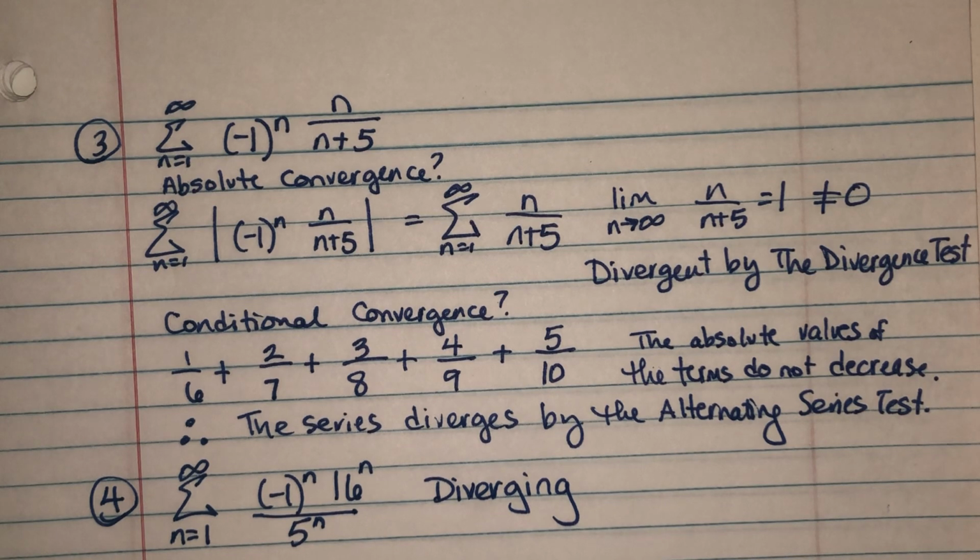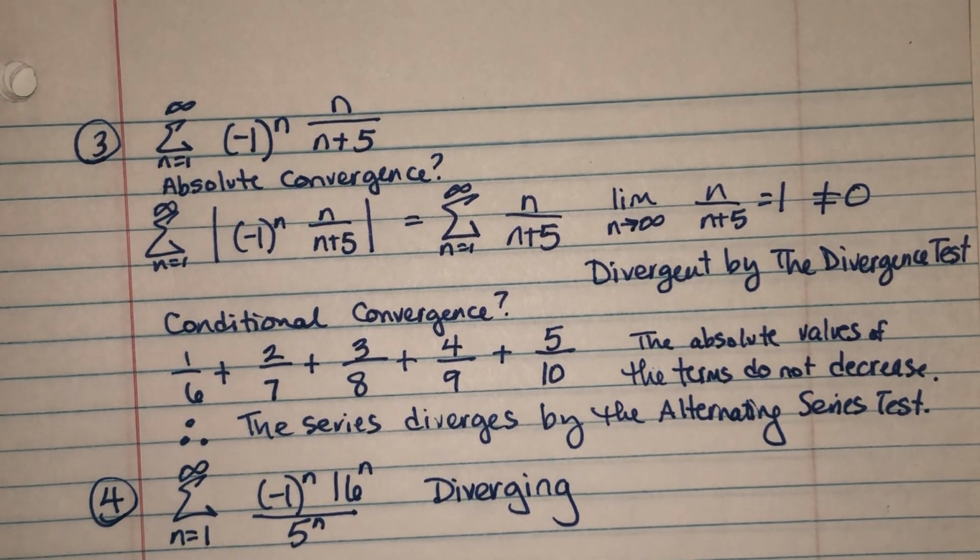And that could be written as the quantity 16 over 5 to the nth power, which is a geometric series, and the r value is greater than 1. So that means that the series is diverging.